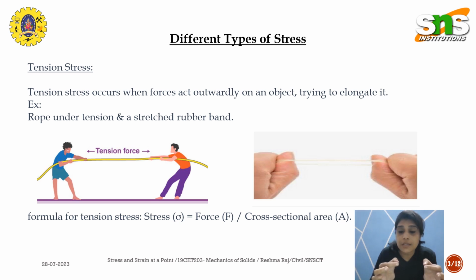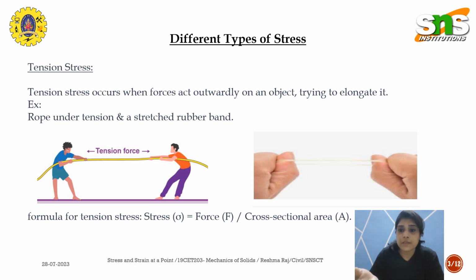When we give force by stretching, this stretching force is known as the external load. This is known as tension. This tension stress occurs when force acts outwardly. For the rubber band, we are giving a force in the outward direction, axially, so elongation happens, and this is known as tension stress.